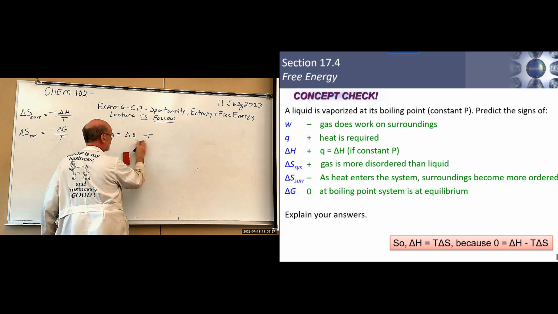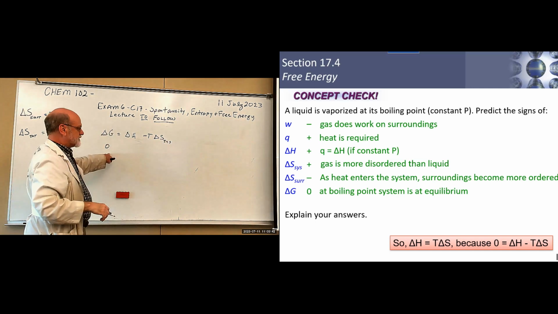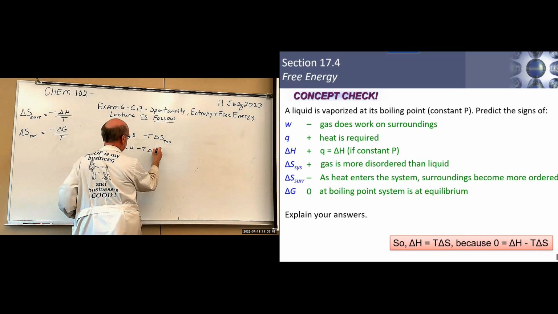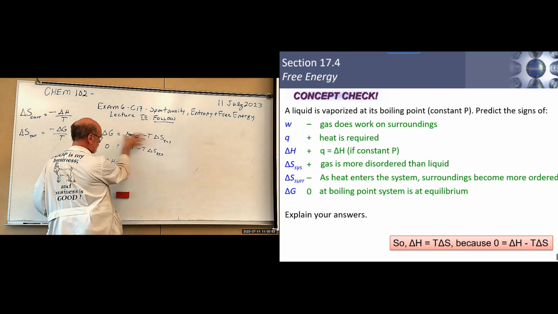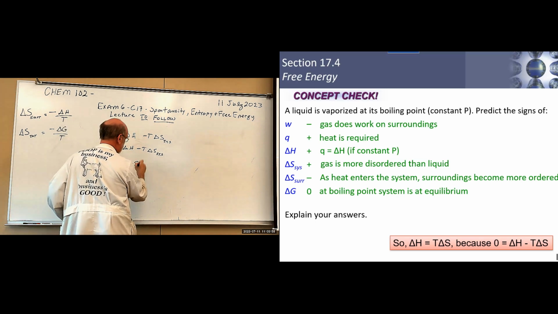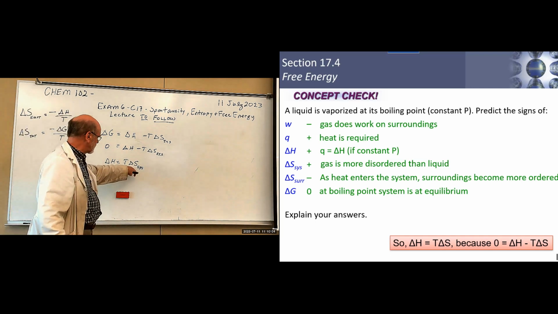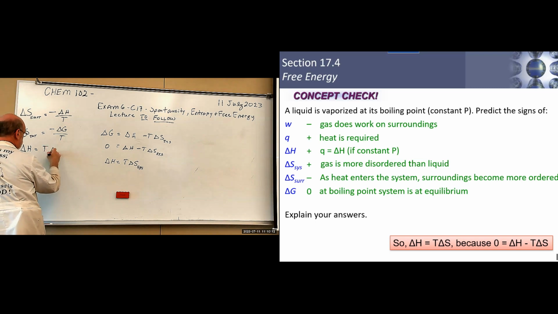So if this is 0, then delta H is equal to, just bring this one over here and make it a positive, T delta S system. So at equilibrium, delta H is equal to T times delta S for the system. That's another one. Delta H equals T delta S for the system.